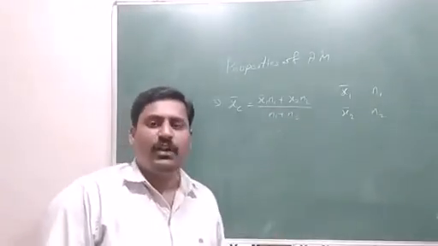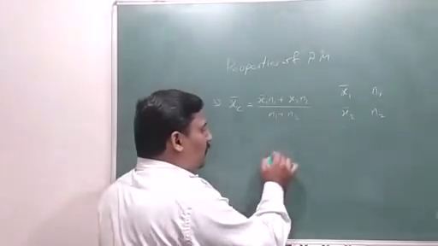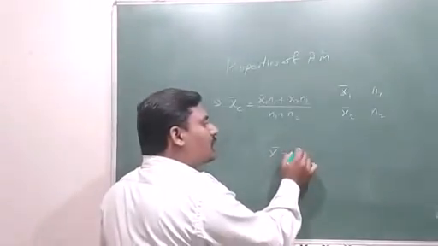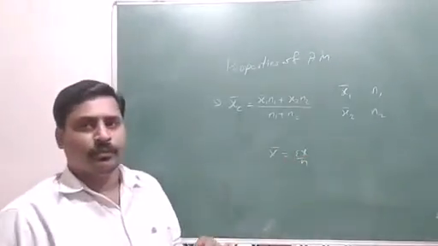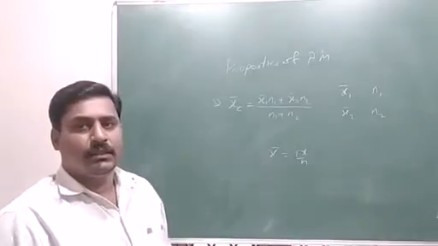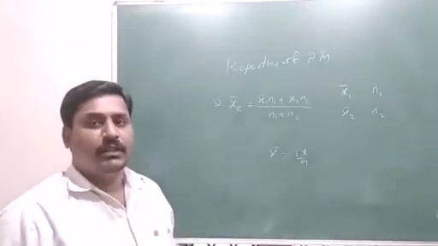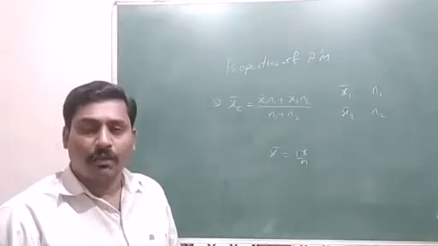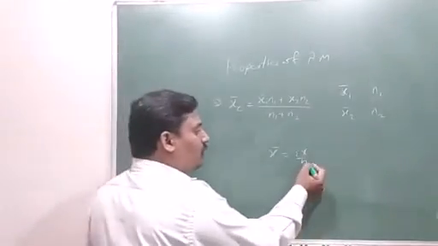This is taken from the formula of arithmetic mean, which is summation x by n. To calculate any mean, we need to know summation x. If you know the two summations of both sets of observations, then by adding them we can calculate the combined arithmetic mean. So we have just cross multiplied.